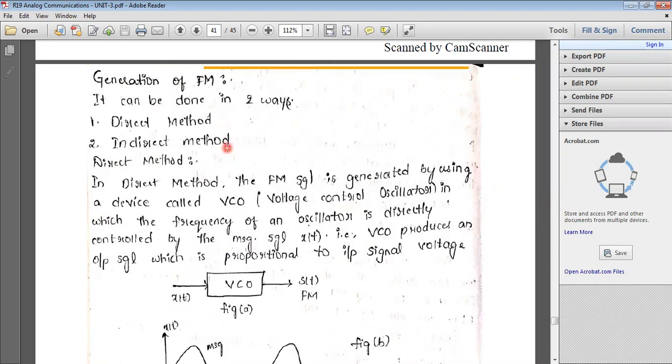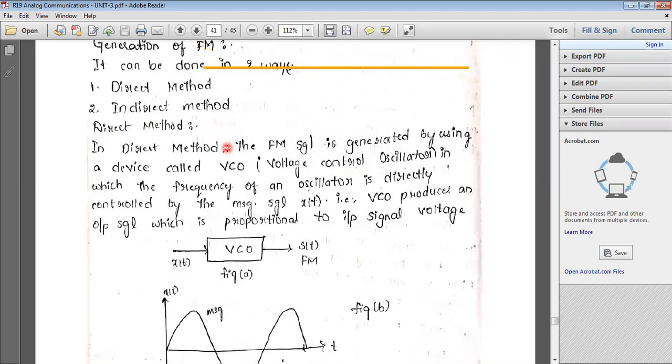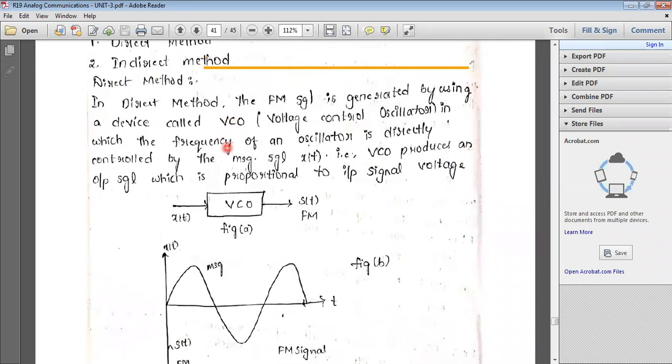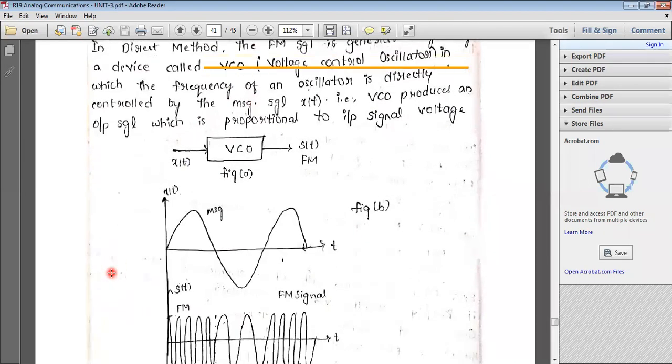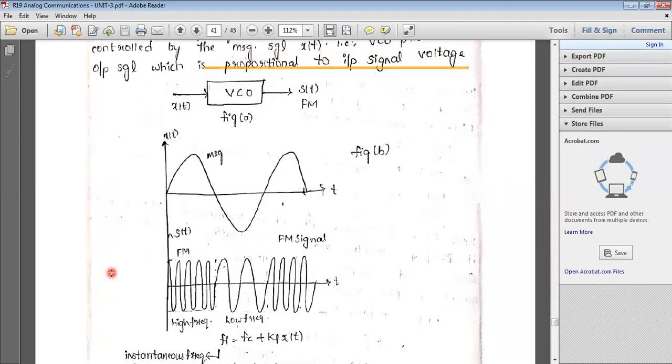Now coming to the direct method, in this class we discuss the direct method. In the direct method, generally we use a voltage control oscillator. What is the FM modulated wave? Already you know this FM modulated signal. For the positive cycle we send a very high frequency signal, and for the negative cycle we send a low frequency signal.